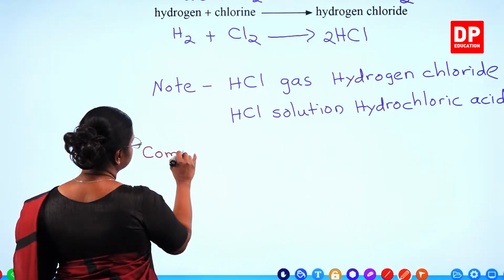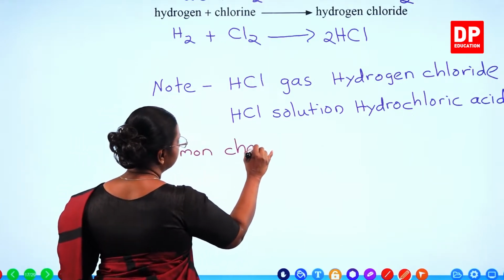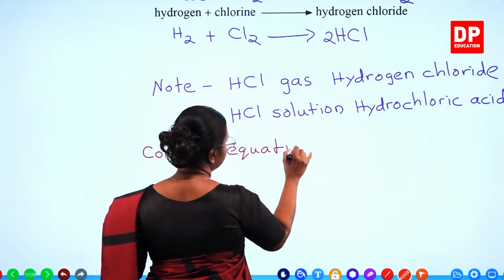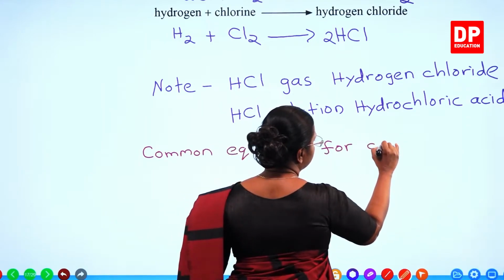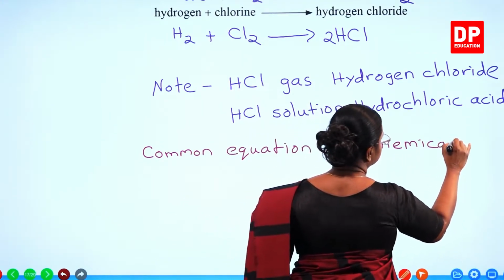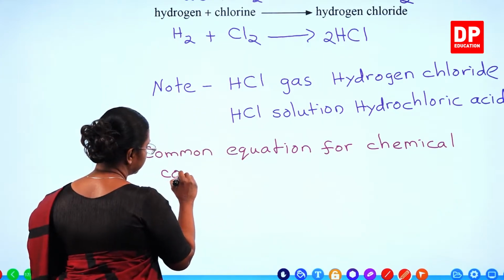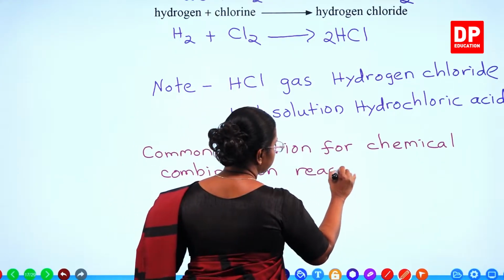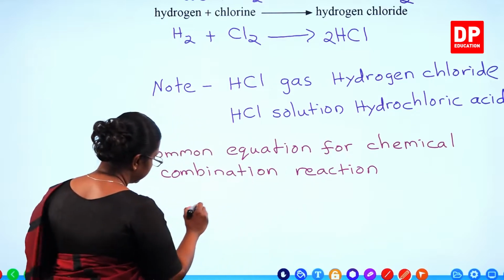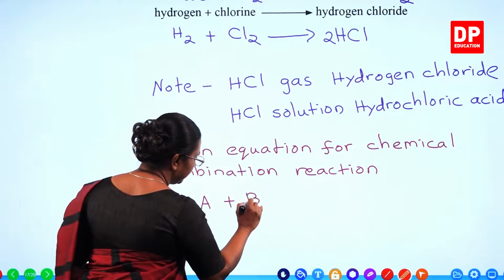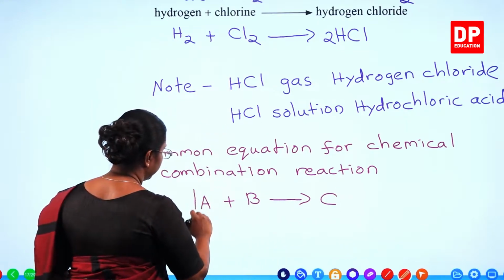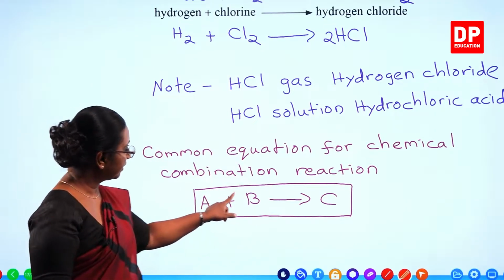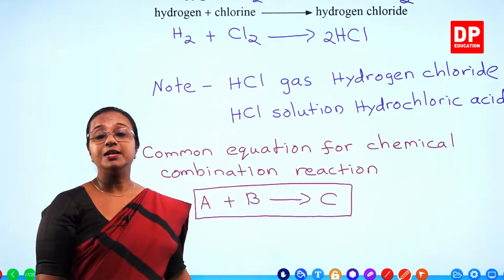Common chemical equation for chemical combination reaction can be written as A plus B giving rise to C. So, one reactant, the other reactant giving rise to one product.